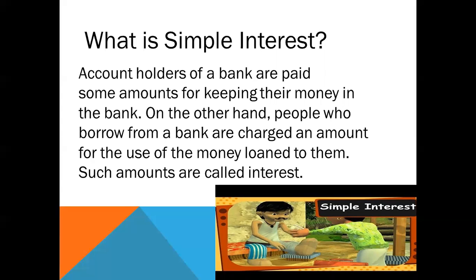So the total amount you will be getting is 5,500. 5,000 is your principal amount and 500 is your simple interest amount, which is calculated for a whole year at a certain percent. So simple interest is generally calculated for a whole year at a certain percent.